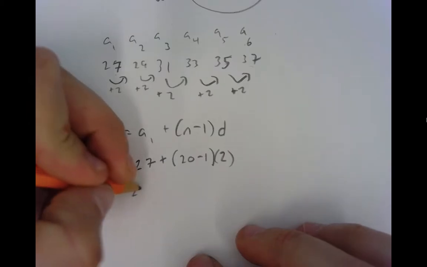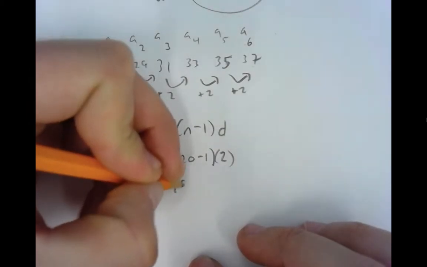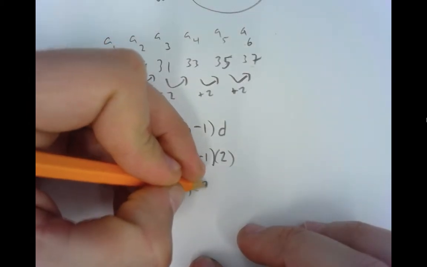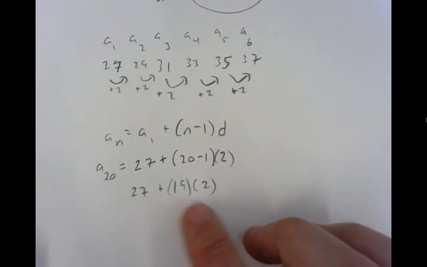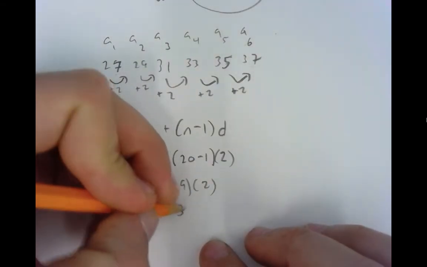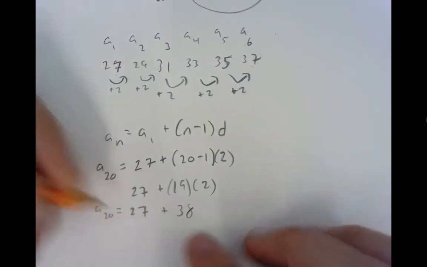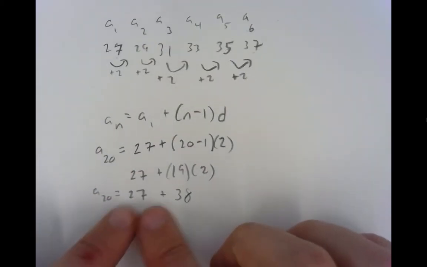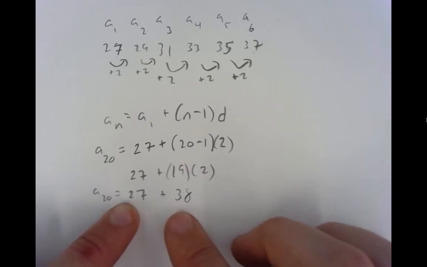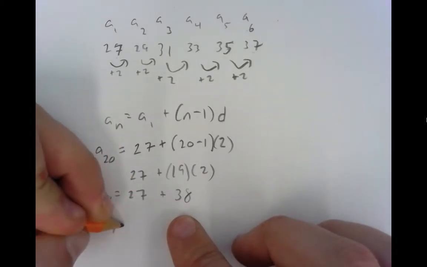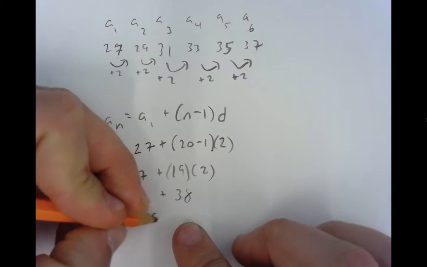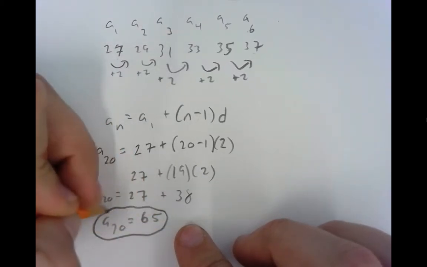So now I know it'll be 27 plus 19 times 2. 19 times 2 is 38, plus 27. And now I get 50 plus 15. A at 20 should be 65 seats over there.